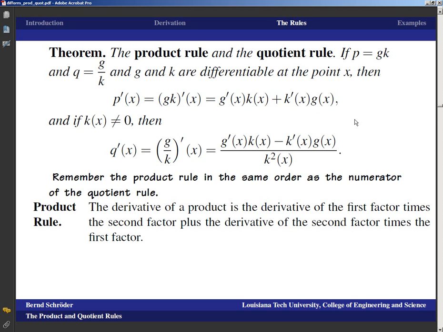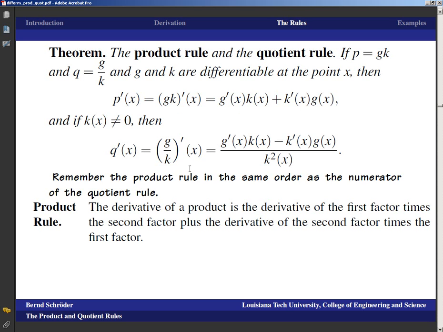Your brain has about 7 spaces for memory, and if you use up 2 of those for new letters, then you've got only 5 spaces left to do the rest of the problem, and that can clutter things up a bit. So it can be very beneficial to not think of the product as g times k, but as a first factor times a second factor.